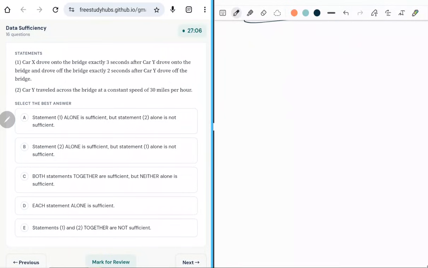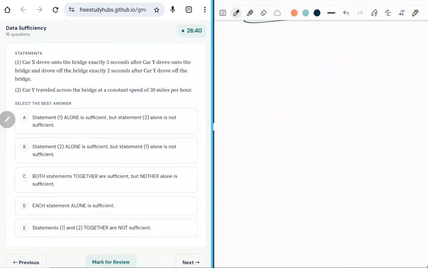Okay. The next one: car X drove onto the bridge exactly 3 seconds after car Y drove onto the bridge, and drove off the bridge exactly 2 seconds after car Y drove off the bridge. Car Y traveled across the bridge at a constant speed of 30 miles per hour.